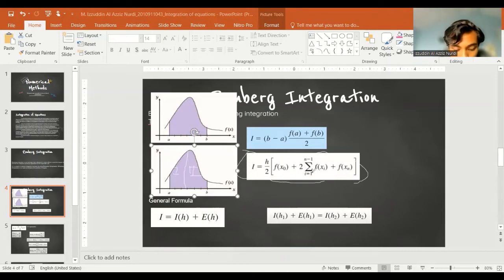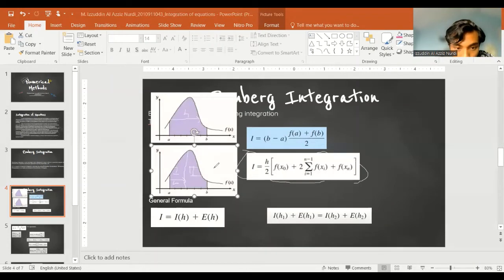This is Romberg integration, and this edge is this, and also right here. This formula is basically a generalization of the sum of integrals into one.